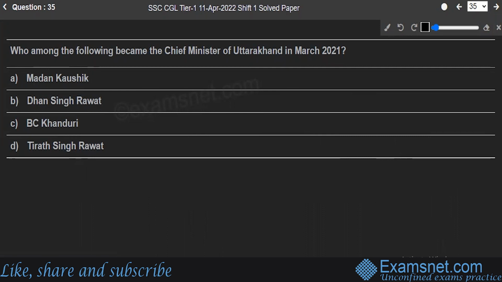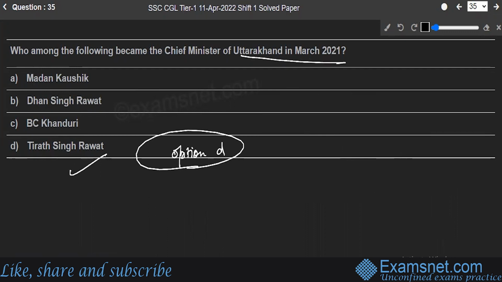Well, if you know about this a bit, the correct answer is Tirath Singh Rawat, option D. Let's have a bit of discussion about this. Tirath Singh Rawat became the Chief Minister of Uttarakhand in March 2021.